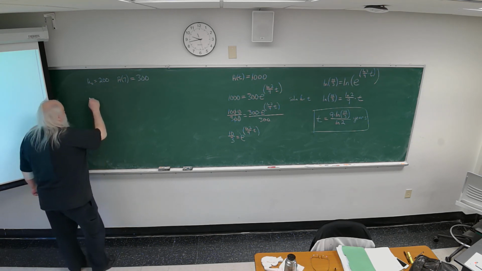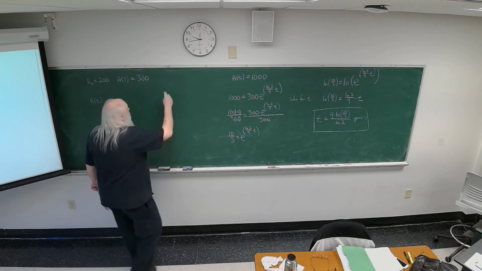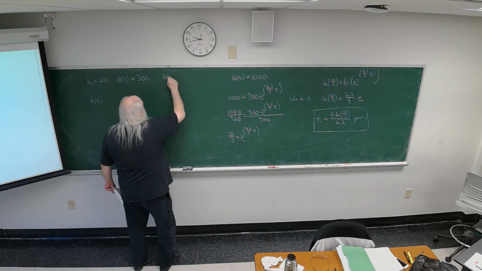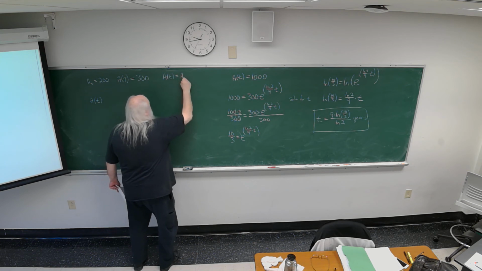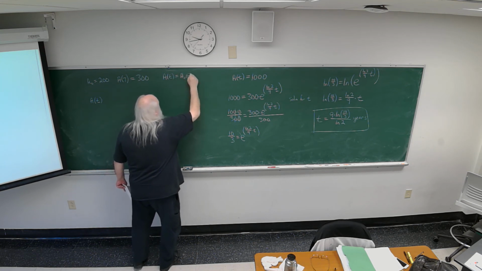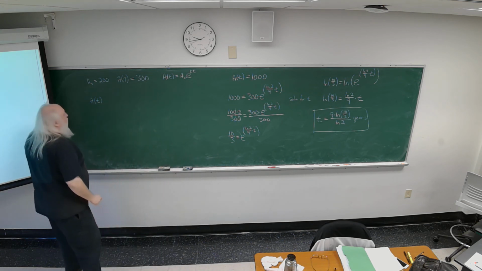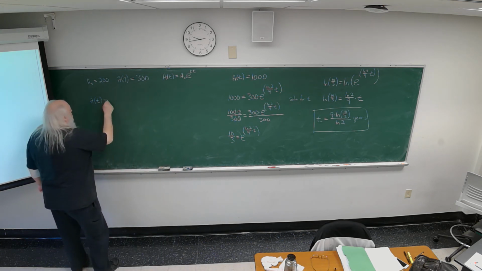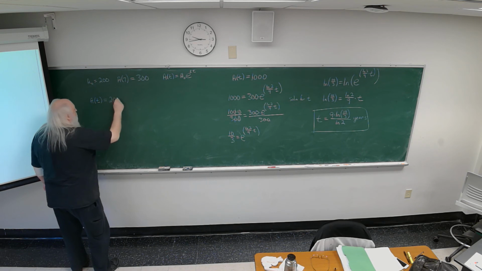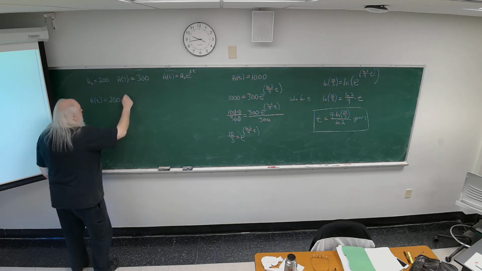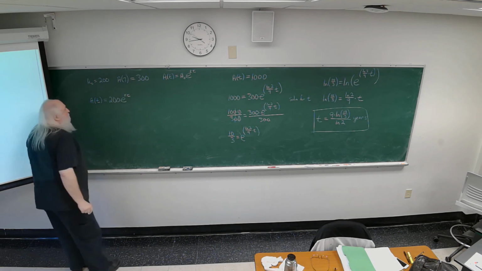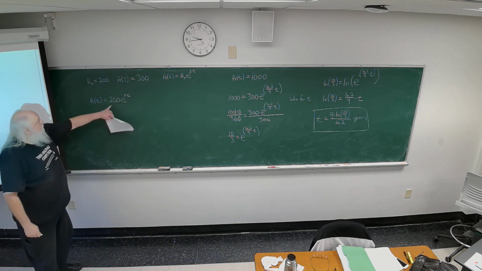So A of t, remember a model is A of t is equal to A sub 0 times e to the kt power. So A of t is equal to 200 times e to the kt power. I just replace A sub 0 with 200.